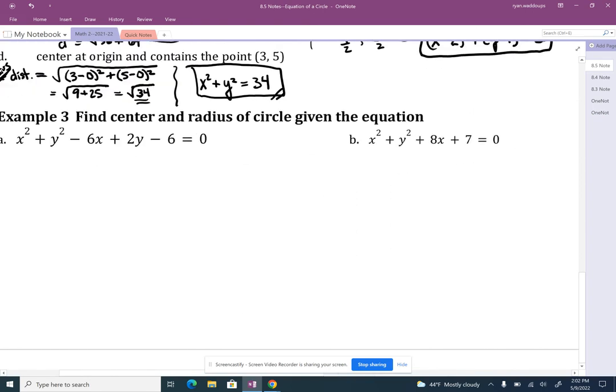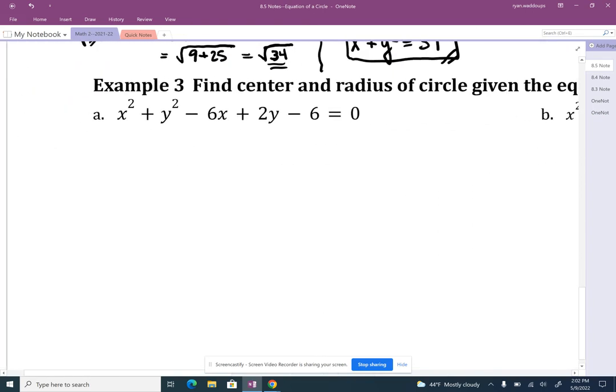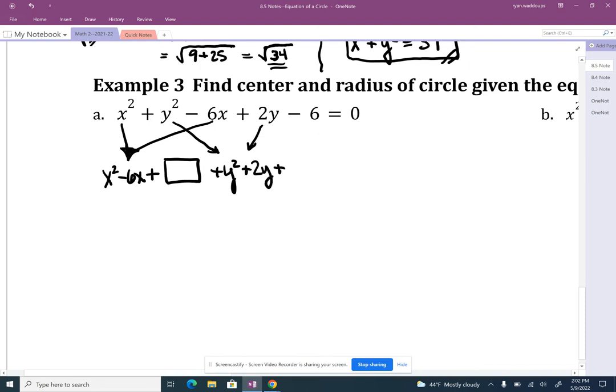All right, let's look at how that helps us here. So first, I'm going to take these two parts together, x squared and my minus 6x, plus some number, and then I'm going to take these two and put them together, plus y squared plus 2y, and I'm going to add that something together, and then minus 6.